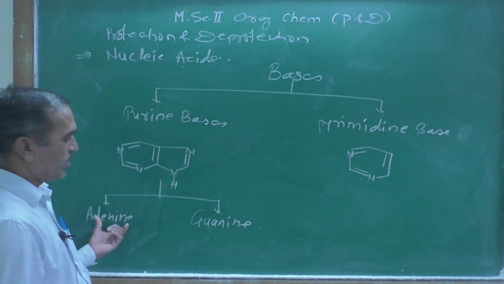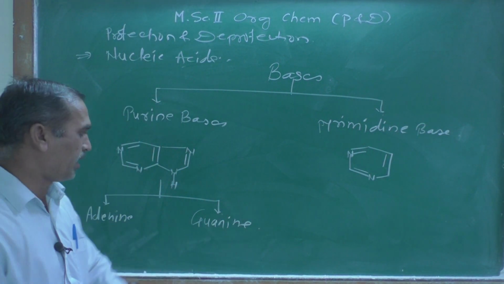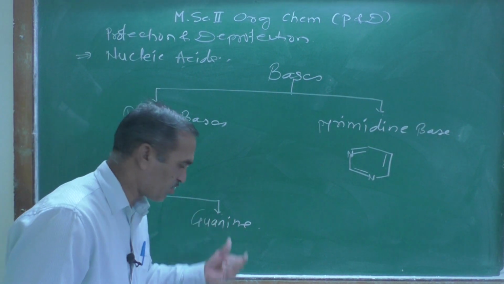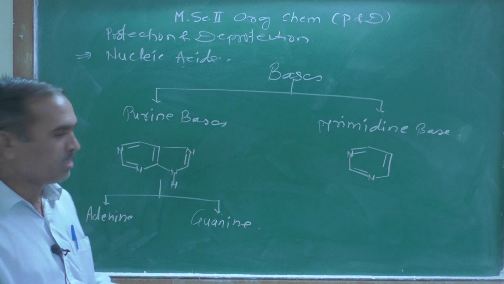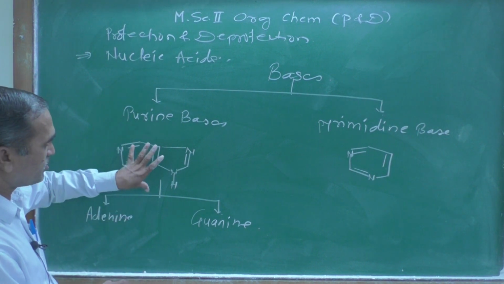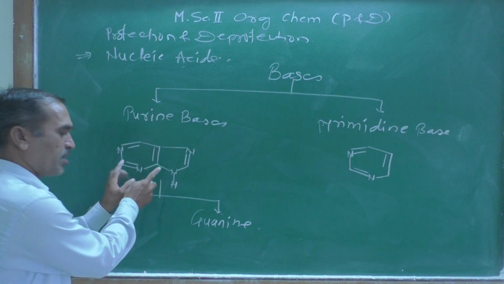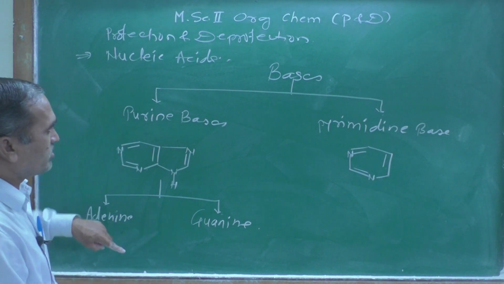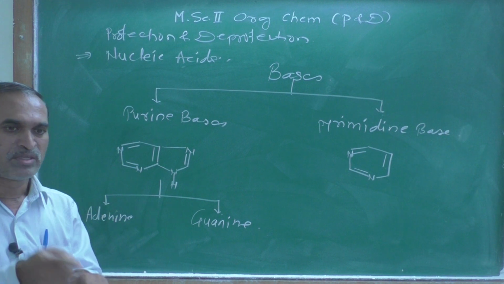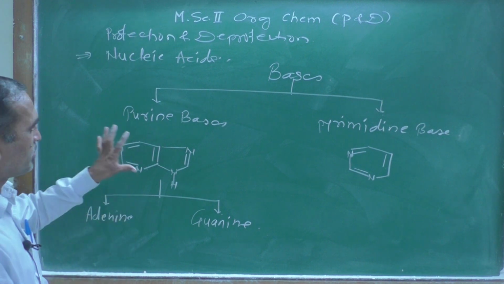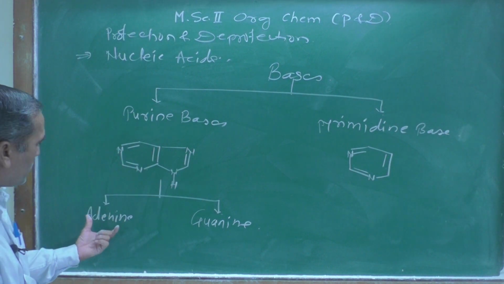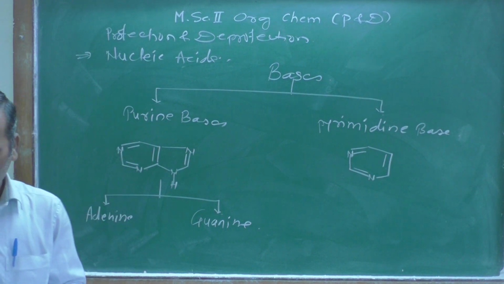One is adenine, second one is guanine. And what will be the structure of adenine? What will be the structure of guanine? Let us see here. This is the structure of purine. This remains as the basic skeleton as it is, only some functional groups change. The basic skeleton remains as it is in adenine.